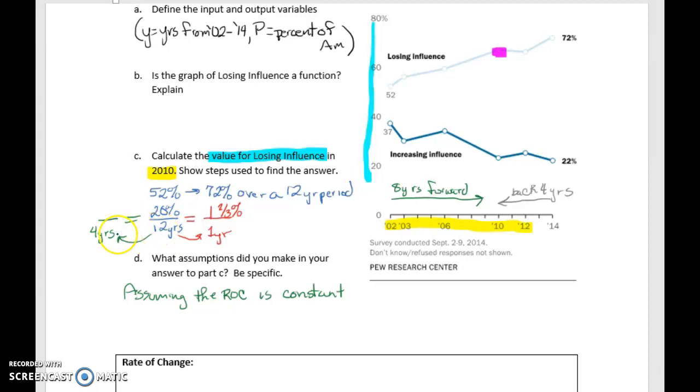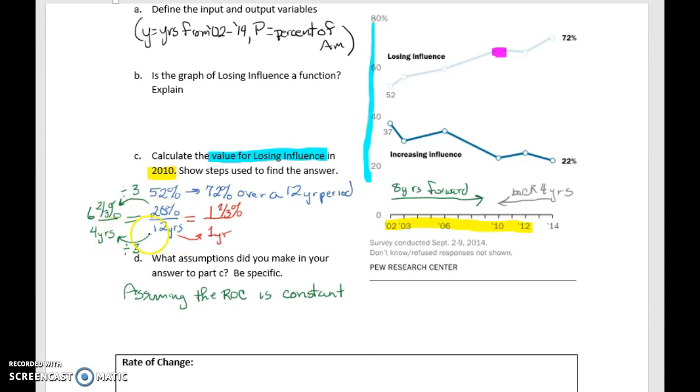The relationship between 12 and 4 years means we would divide by 3, so we'd also take the 20 and divide that by 3, and 20 divided by 3 gives us a 6 2/3% increase. So we can do it as a 1-year, a 4-year, or a 2-year increment. We want to do it in some way that we can find some comparable rate of change, because we know that it's an increase of 20% over 12 years.